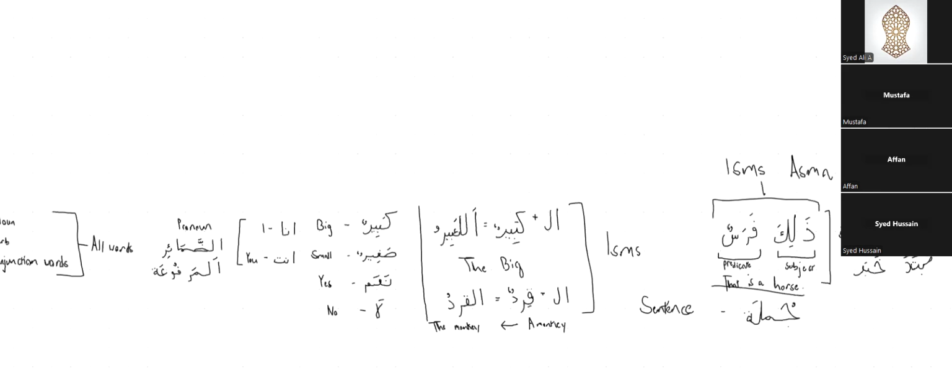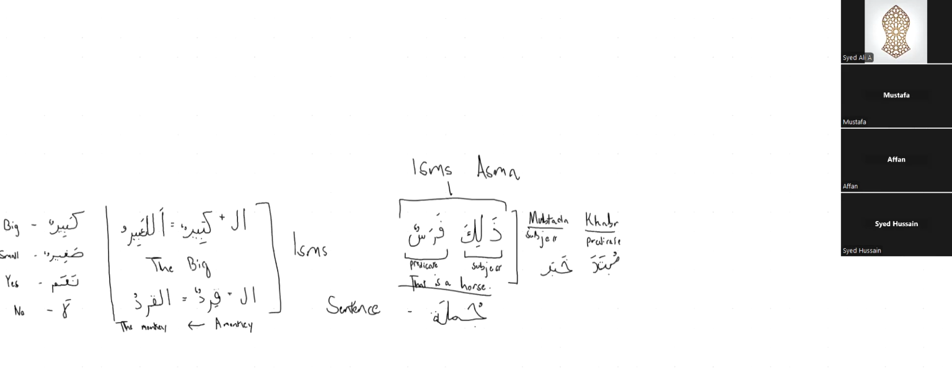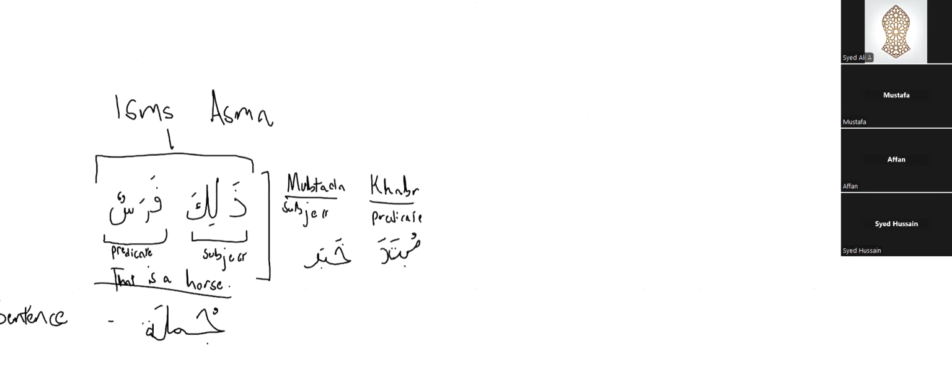Now we're going to cover just a bit more vocab, and then I'll leave you. The word for new is jadidun.